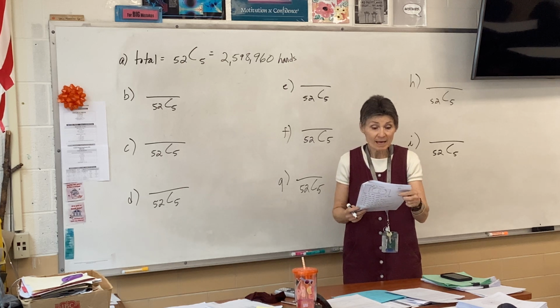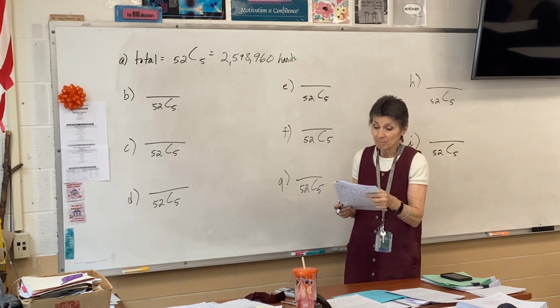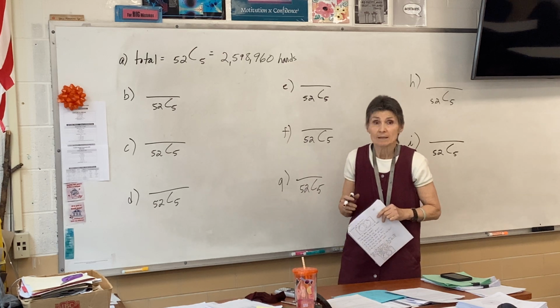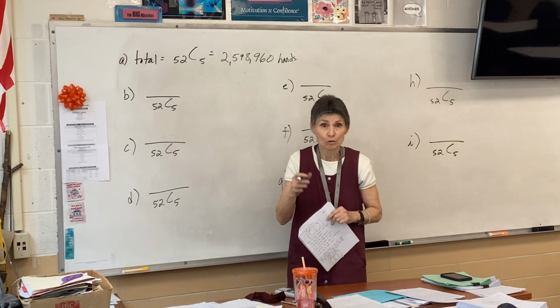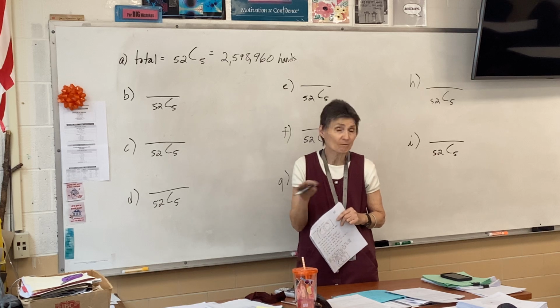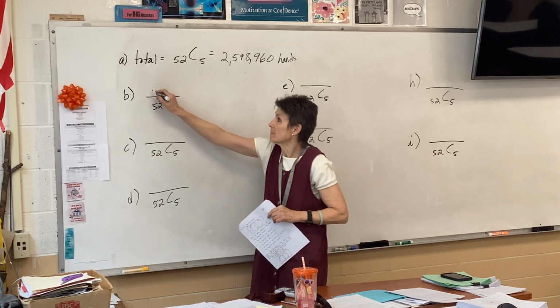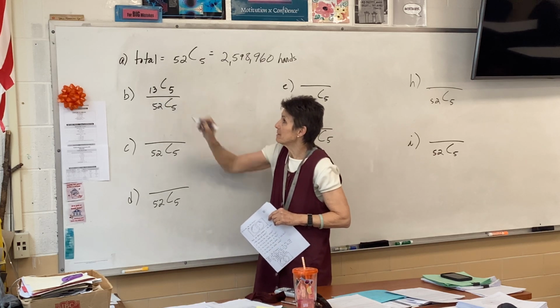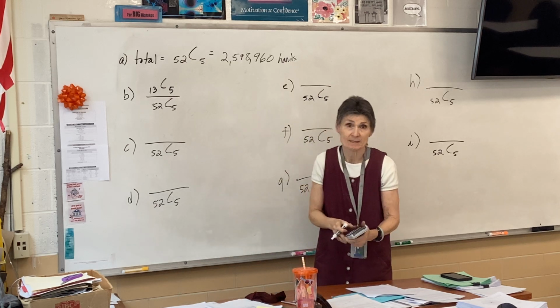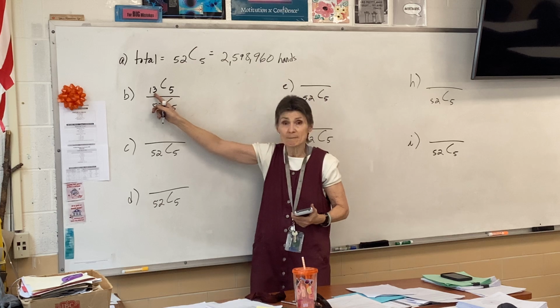So for problem B, we want all diamonds. Well, the deck has 13 diamonds. So for my numerator, I'm not picking from 52, I'm only picking from 13 because I need to get all diamonds. So there are 13 diamonds.